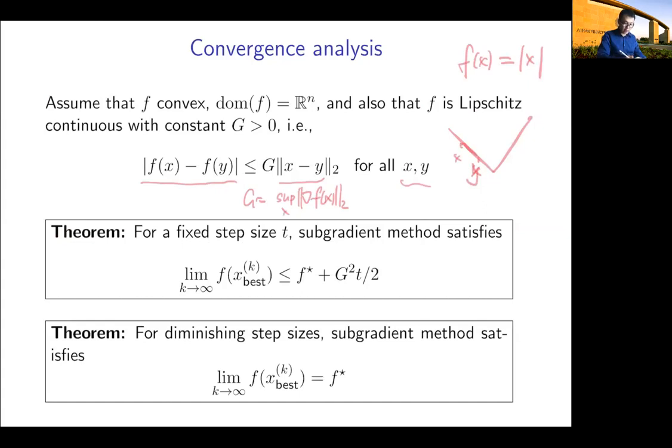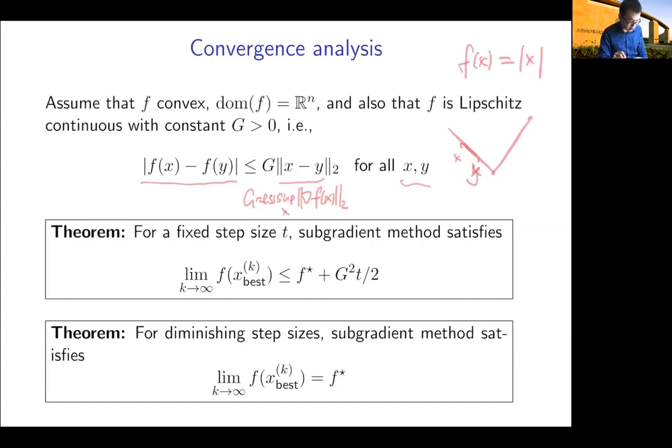And for non-differentiable functions like this one, it suffices to take the essential supremum, which says you take the maximum besides a measure 0 set on which the function is not differentiable, which applies to the absolute value.